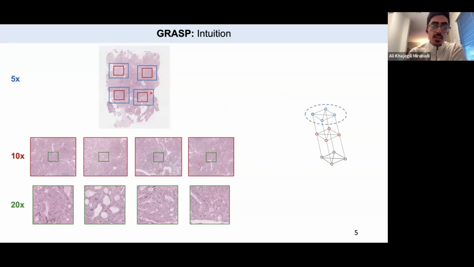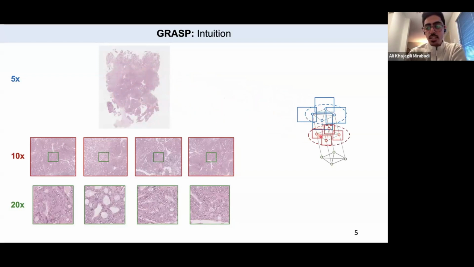So we connect all the patches from one magnification together in a fully connected graph to represent intra-magnification information in that magnification. And we do the same thing for 10x and connect all the patches in 10x together, and connect all the patches in 20x together in a fully connected graph to represent the 20x magnification.